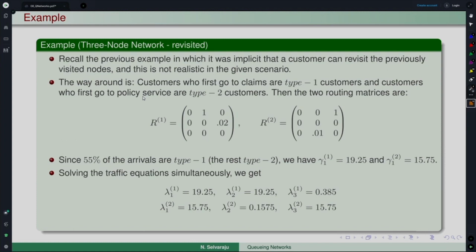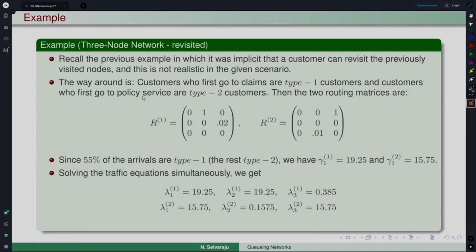After finishing the service, again he can come back to claims and go to service and come back to claims and so on. So, he can loop around before he exits, because he might be one among the 2% and 1% that we are designating there, right.